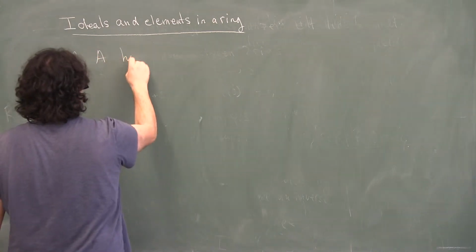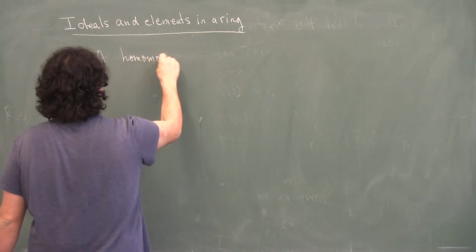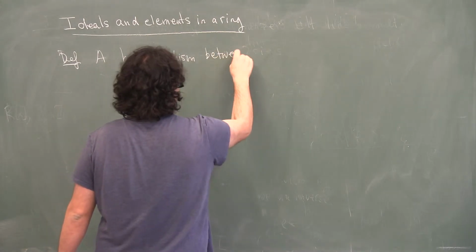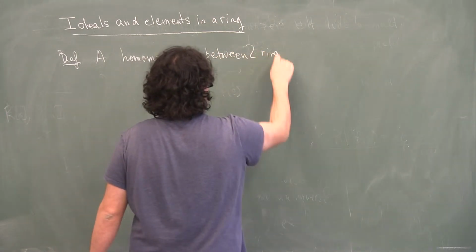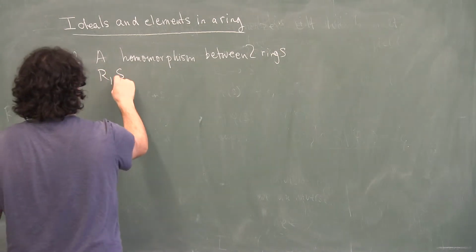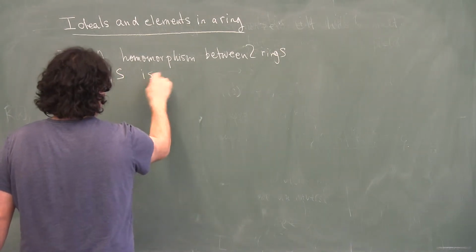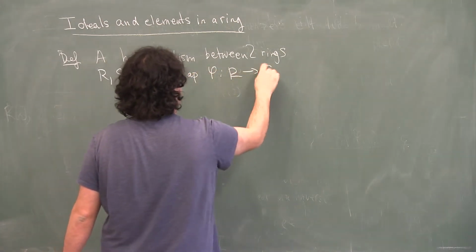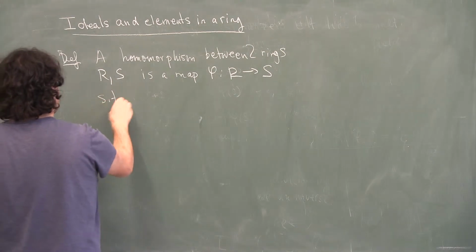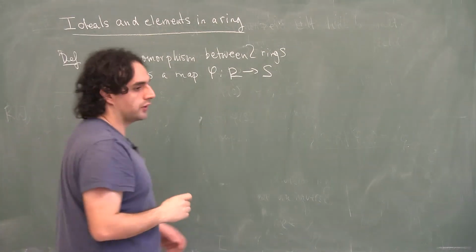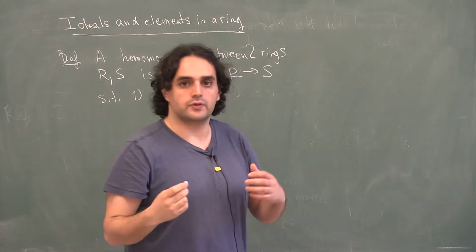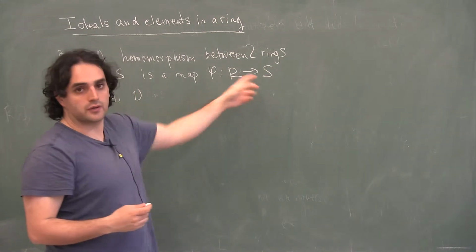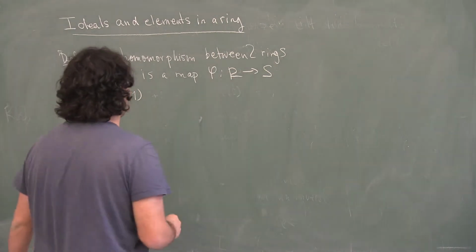So a homomorphism between two rings R, S is a map phi from R to S such that first we want it to be a homomorphism for the underlying additive abelian groups, because remember that R and S are, after all, also abelian groups.